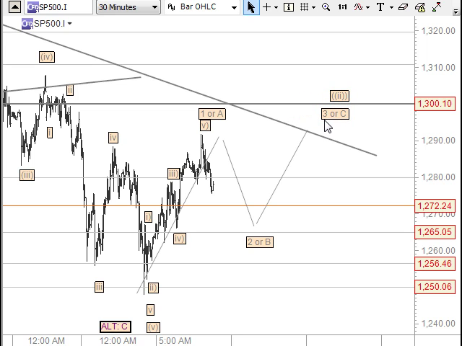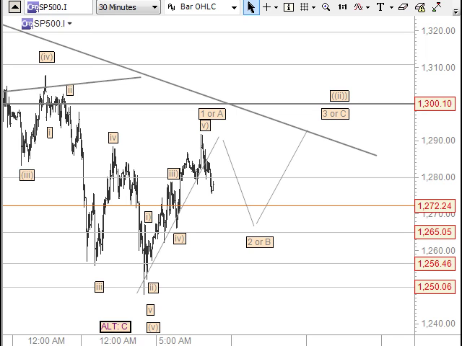And if we're wrong, then it would be a wave 3 up. So it would be up for wave 1, back for wave 2, and up for wave 3. So finding support on the 1300 would be the significance in having all our markets pretty much long at that point. That's as simple as I can explain it.